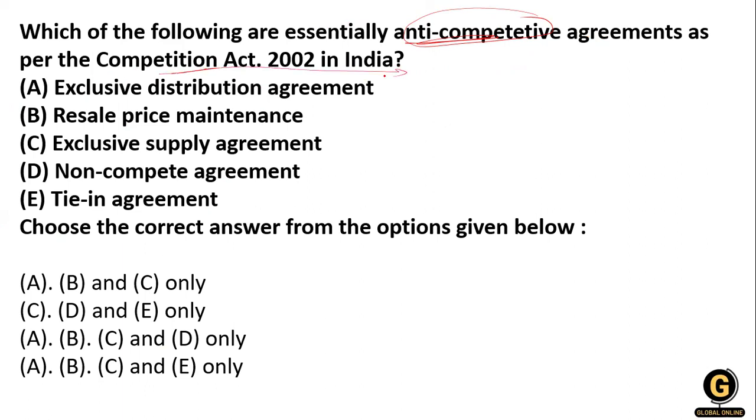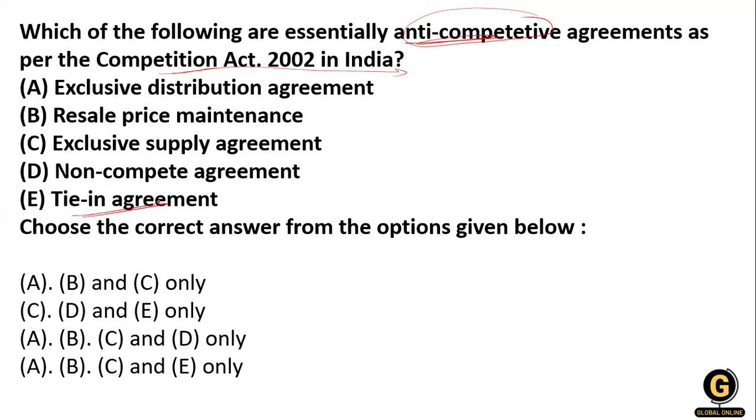But in some conditions the Competition Act gives relaxation. A tying agreement is an agreement between the manufacturer and the distributor not to sell the manufactured product at or above the price floor or below the price ceiling. So in that case this is a tie-in agreement.